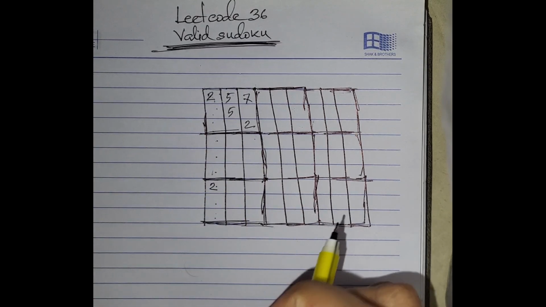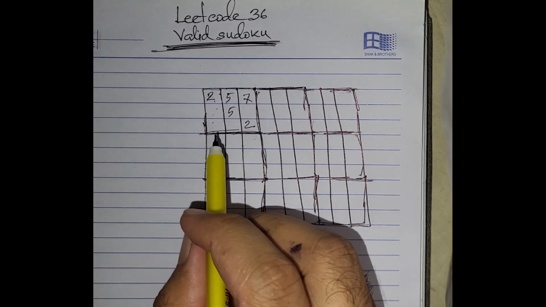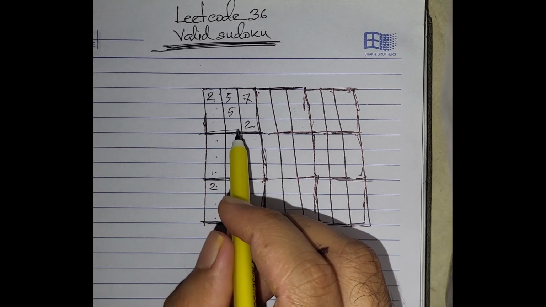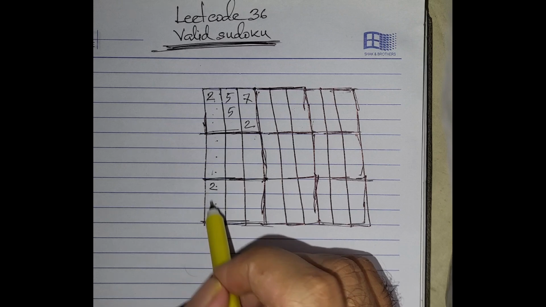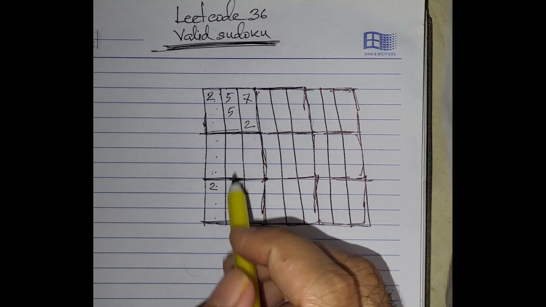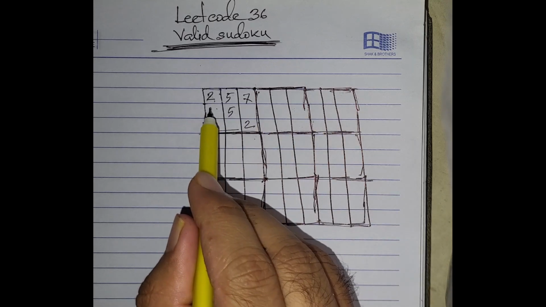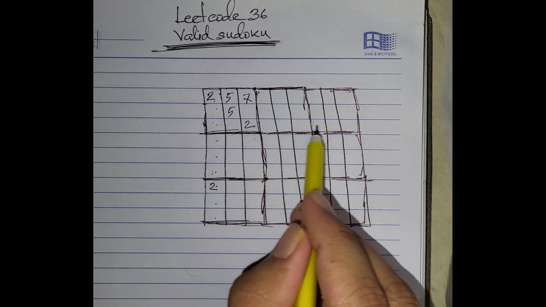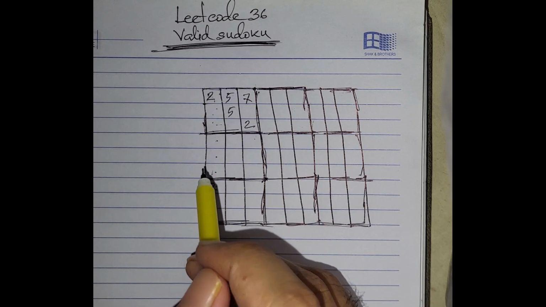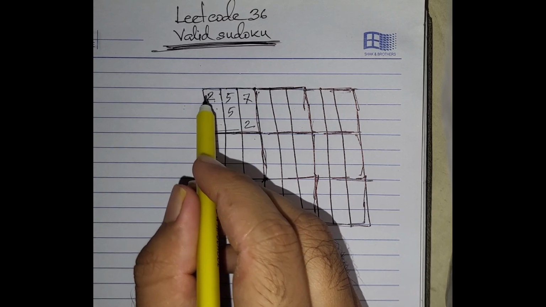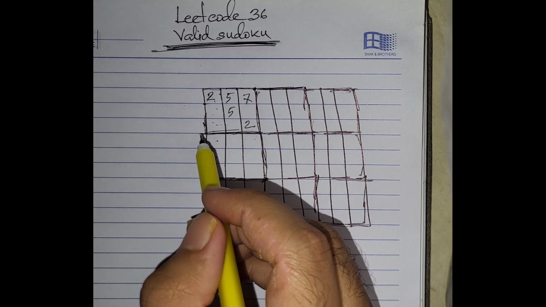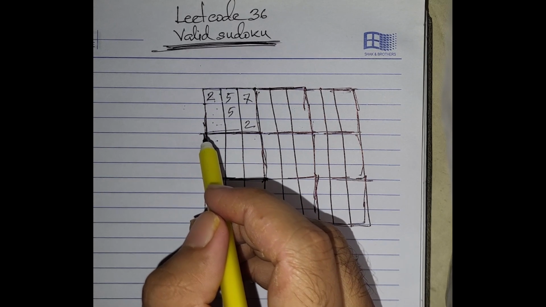We will come to that point later, but first let us understand how we can identify the row and column number. So this is row 1, this is row 2, this is row 3, 4, 5, and so on. So we will have an index number, right? When we run a loop, we get an index number.